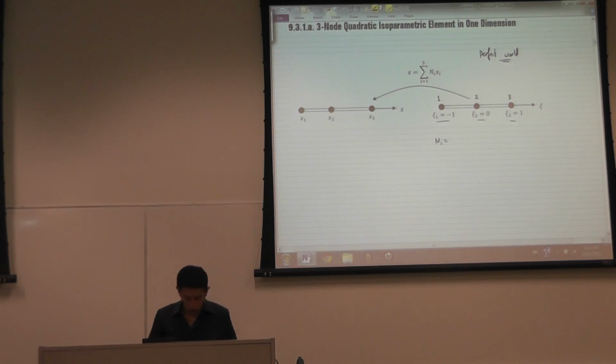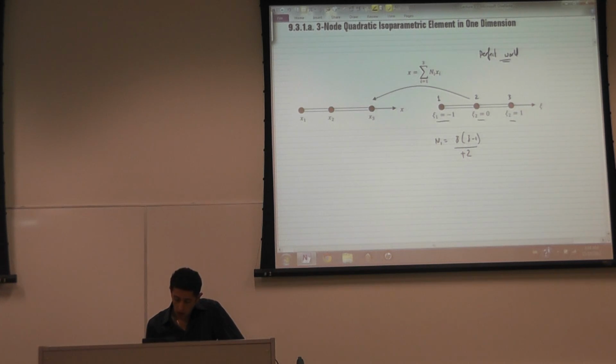N1 is equal to xi multiplied by xi minus 1 divided by -2. If you put xi equal to -1, this is -1, -1, which is -2, -2 multiplied by -1. So this is +2. So N1 will be xi multiplied by xi minus 1 divided by 2.